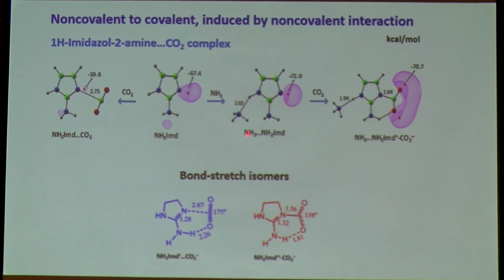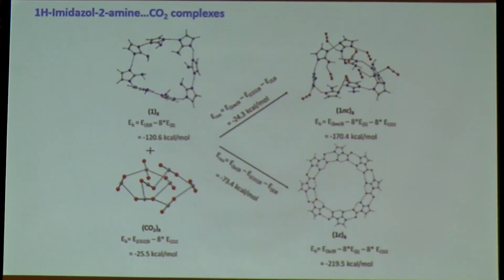But if I put one ammonia over here for a hydrogen bonding interaction, this ammonia donates electrons to make this lone pair more negative. So when it interacts with this ammonia, minus 67 becomes minus 72. At minus 72, when CO2 interacts, there is a covalent bond formation. The bond is like a carboxylate unit. These two are isomers, like bond stretch isomers, with almost similar energy.